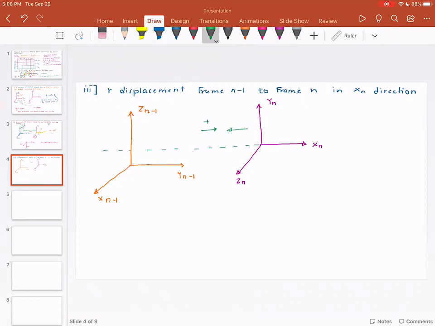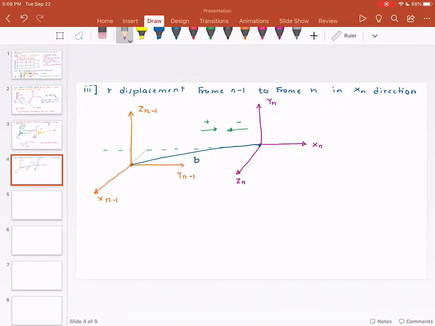If you travel in this direction, it's positive. If you travel in the opposite direction, it's negative. And imagine that this frame and this frame, they are at different distances. So for an example, if this distance is say B, this distance will have two components. One component would be along xn, and the other component will maybe be along zn. So I'm just going to draw a two-dimensional figure.